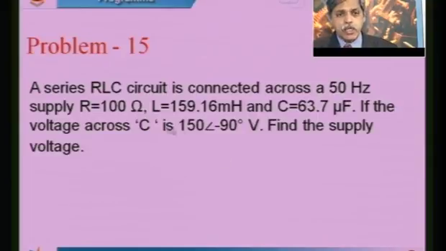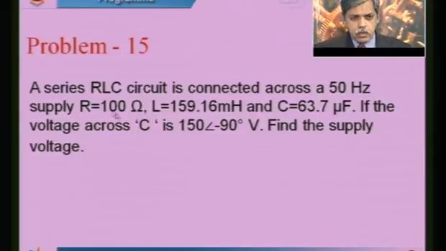Now see here, when you connect all three elements in series across a voltage source, I am forming one closed loop. The current flowing in the circuit gives the individual voltage drops: across R, across L, and across the capacitance.